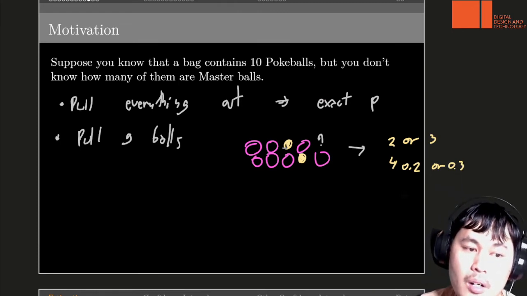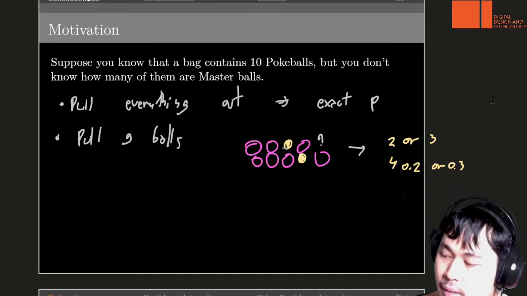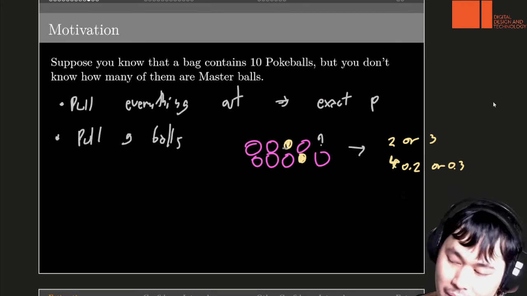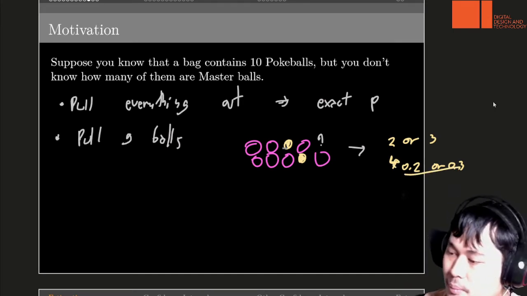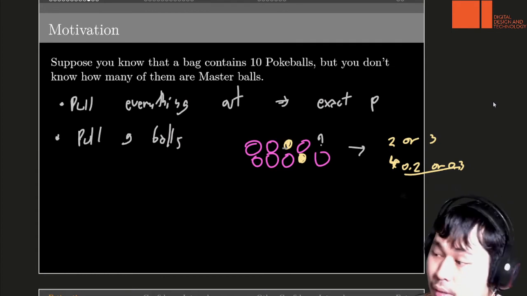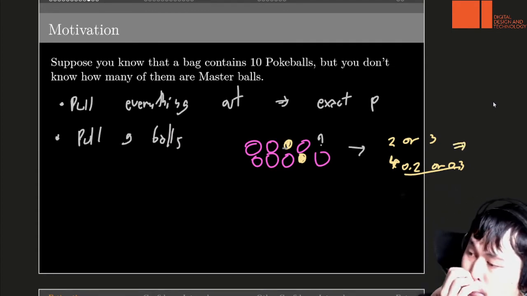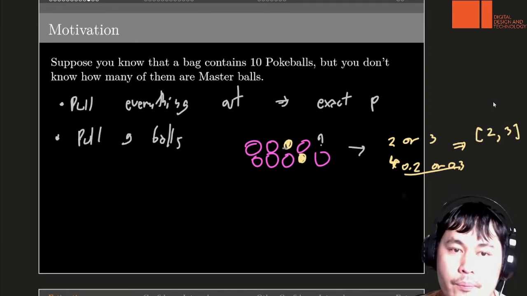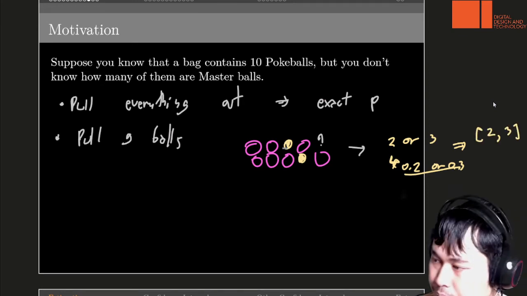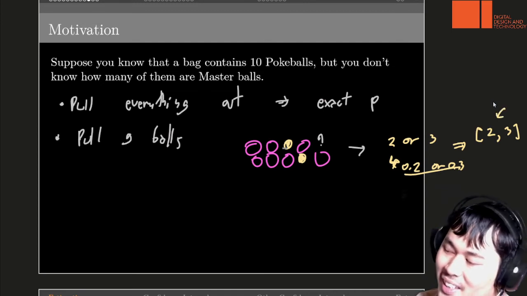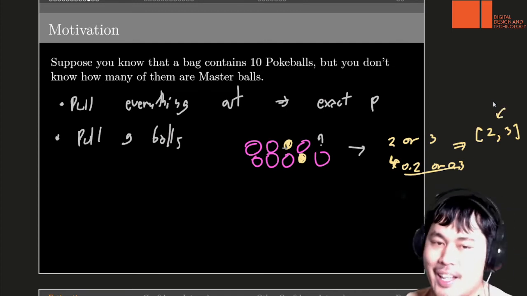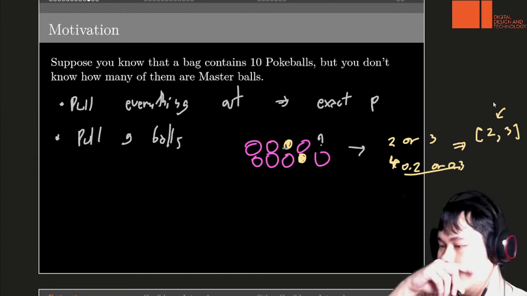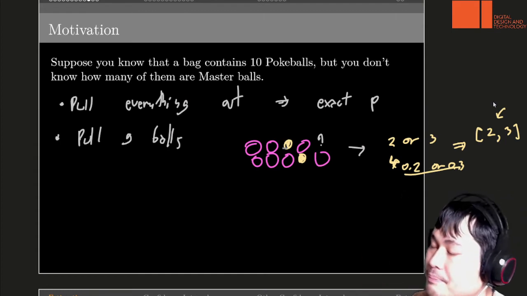If you leave a single ball in the bag, then the best you can do is your estimation will be between these two numbers. And if you express that in terms of a range, you could say it's between 2 and 3, the closed interval 2 and 3. In reality, it's not going to be like 2.5 or 2.4 because the number of balls are exact.